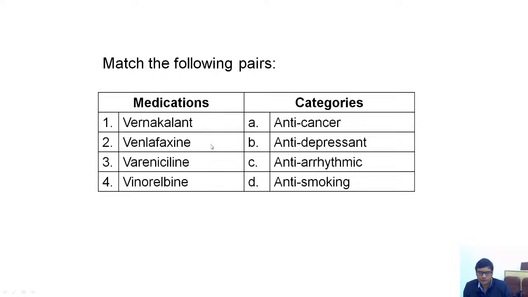Venlafaxine, this drug you study in antidepressants. Okay, so venlafaxine is an SNRI group of drug, that is, it inhibits serotonin and norepinephrine reuptake, and this differs from TCAs in that TCAs have a tricyclic structure, but venlafaxine has a bicyclic structure, and it is devoid of anticholinergic or antihistaminic properties.